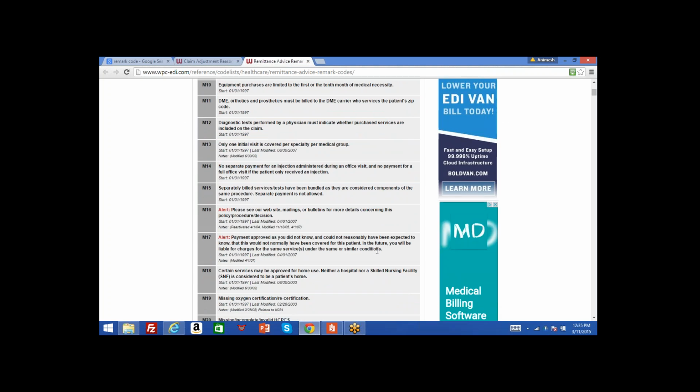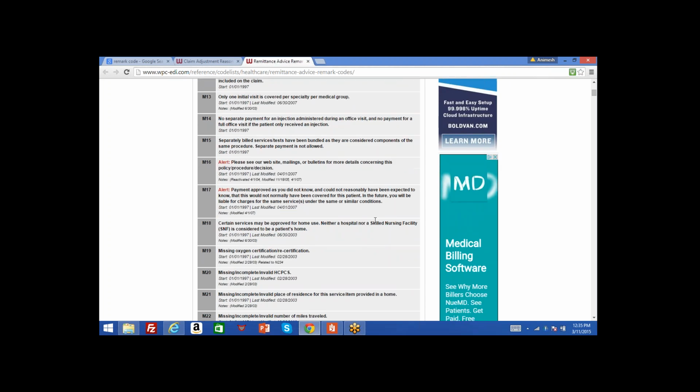On top of that, it says at least one remark code must be provided. That means there is additional information you need to provide, and I'll show you how to look up the remark code. If you are using message code 16, you must provide one remark code as well, which will provide additional information on what kind of information is missing.